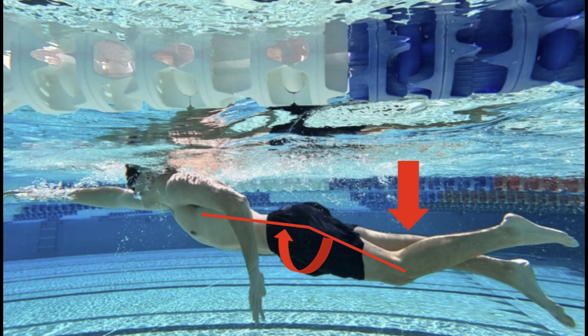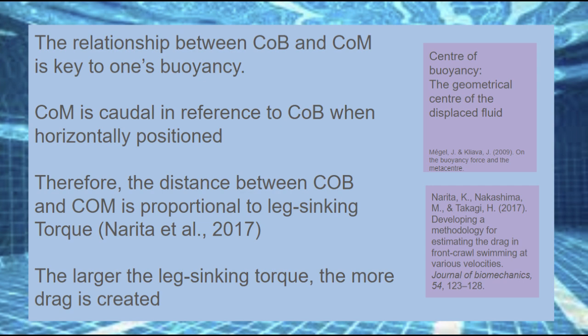leads to increased drag. One of the key determinants of the buoyancy of a swimmer is the relationship between the swimmer's center of buoyancy and the center of mass. Megel and Kliava define the center of buoyancy as the geometrical center of the displaced fluid. When swimming in a horizontal position, the center of mass is located caudally in relationship to the center of buoyancy, thus causing the lower limbs to sink.